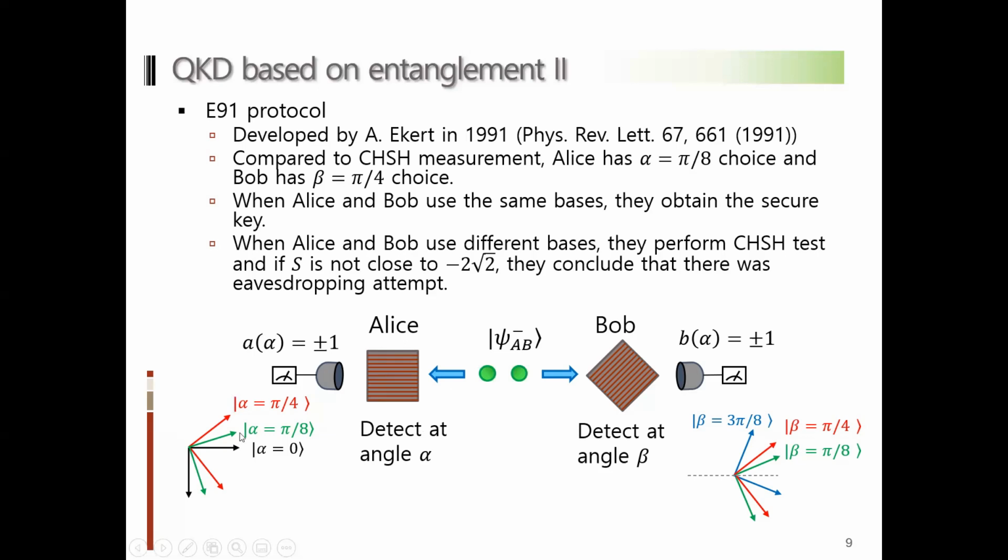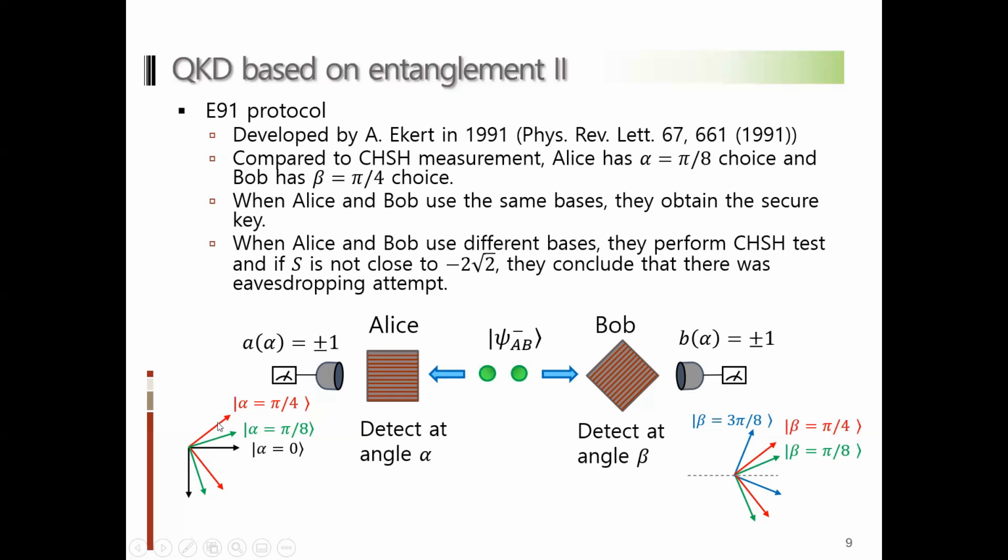So when Alice and Bob use the same basis, they will actually generate the reliable secret key. While if they choose a different combination, then they are not useful for key generation.